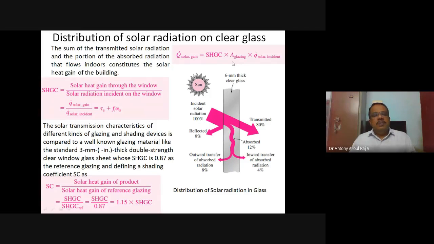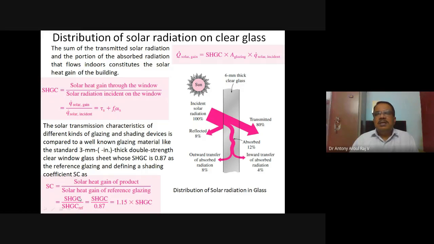Sometimes we will be interested in comparing the solar transmission property of the glass, or the SHGC property of the glass. So we take the SHGC of the product under consideration.